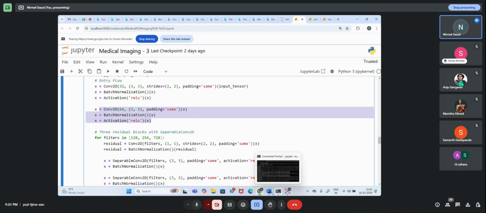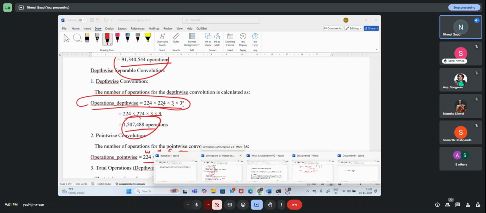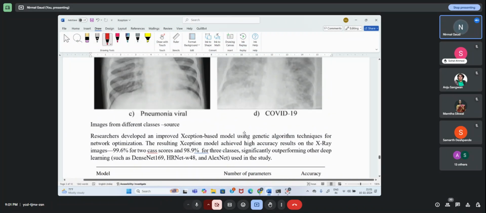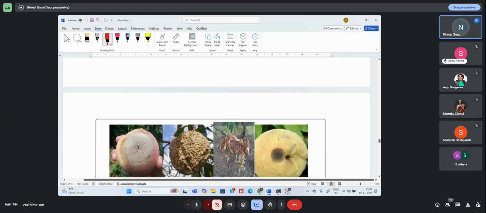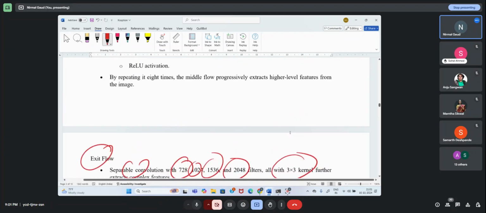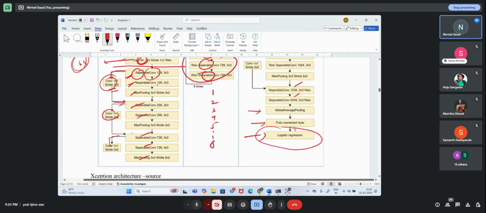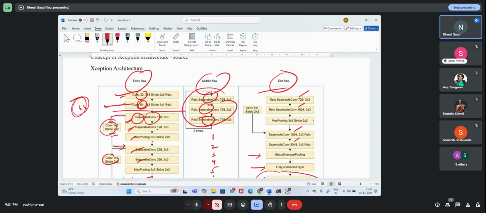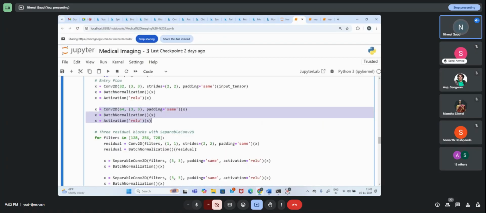Let us verify this architecture. See, if you check the diagram, 32, 64. Two convolution layers. In between, there are batch normalization and other things also to prevent overfitting in the model.